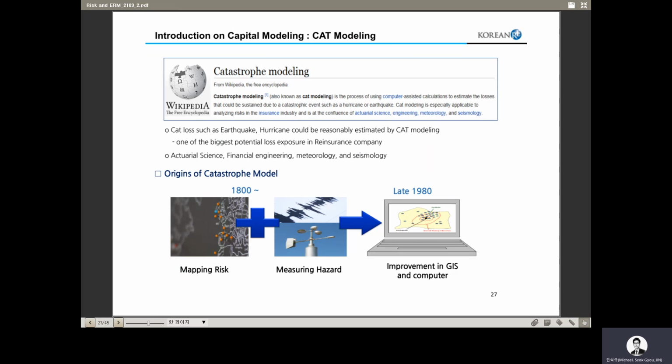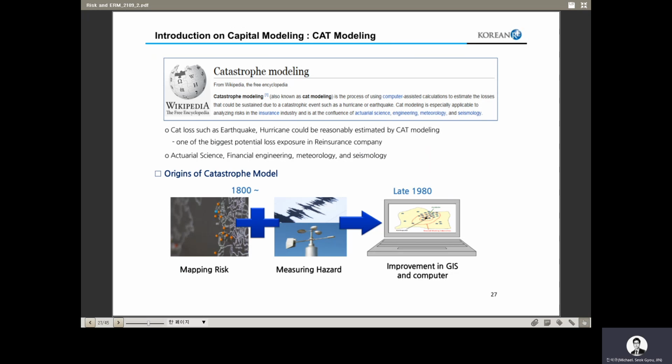Separate from capital modeling platforms like Igloo and DFA, there is also cat modeling. Cat loss, such as earthquake and hurricane, can be reasonably estimated by cat modeling.